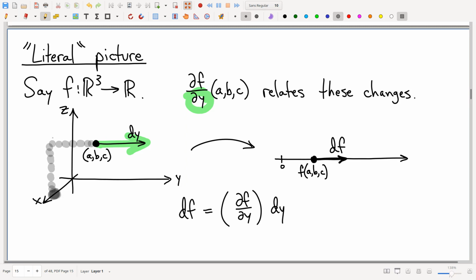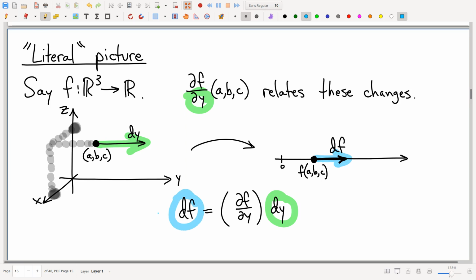X is fixed, and z doesn't change at all. Z is fixed. Yeah? So that's how my input change looks in the picture. And then, of course, there is a corresponding output change, because as I move my input, my output will also move. I'm going to call that df.